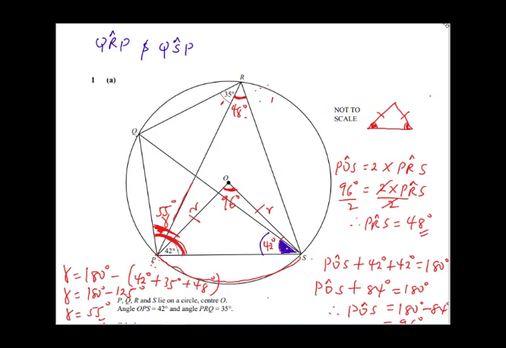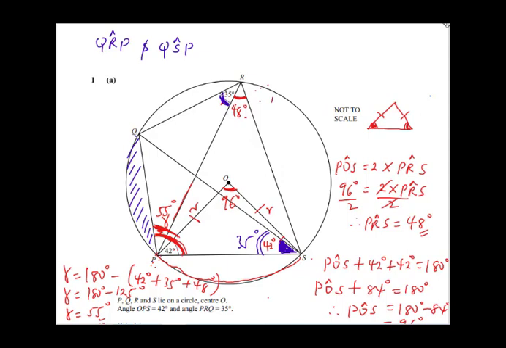Angle QRP, this angle here, and also angle QSP, which is the same angle PSQ. They are on the same segment. So if this angle here is 35 degrees, automatically this angle here must be 35 degrees. Why? They are seated on the same segment.